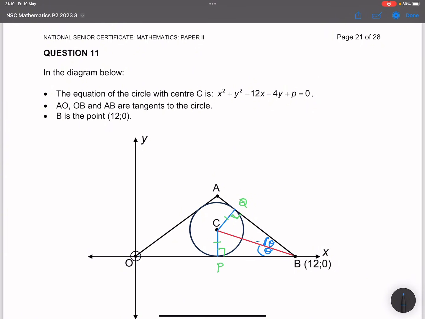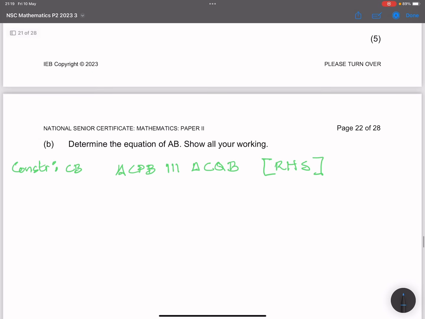So angle CBO would be equal to angle ABC. Let's write that nicely. And in this case, we said these are similar triangles, right?